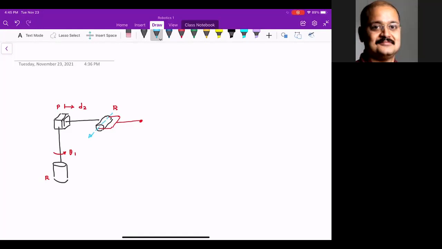The Z, you have theta 3. Now, what I want from you is, if I want to find out the potential energy, and if you want to find out the kinetic energy, let's start with the easiest part. Let's try to find out the potential energy.